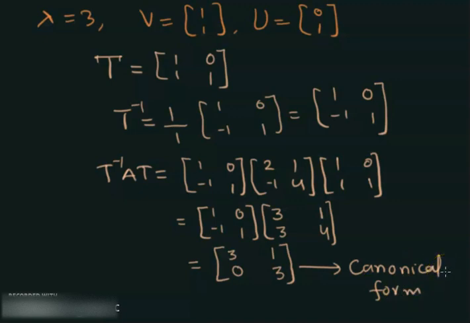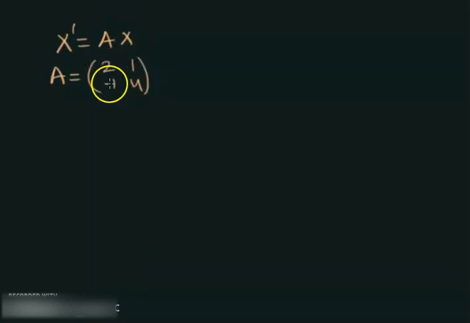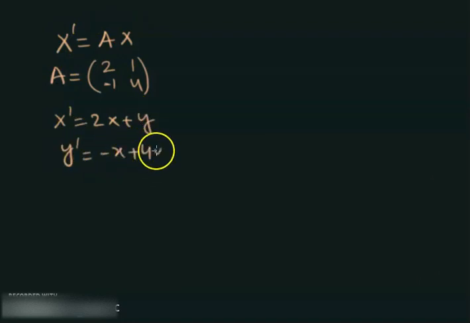So what is the takeaway message? We had x prime equal to Ax, where our A was [2 1; -1 4], and this was not in the canonical form. In other words, x prime was equal to 2x plus y, and y prime was equal to minus x plus 4y.